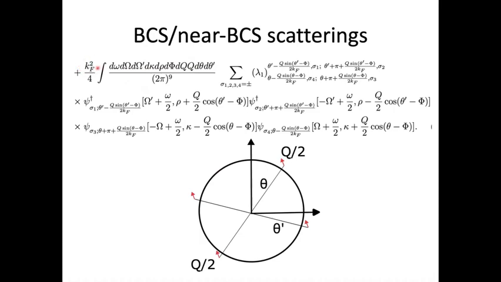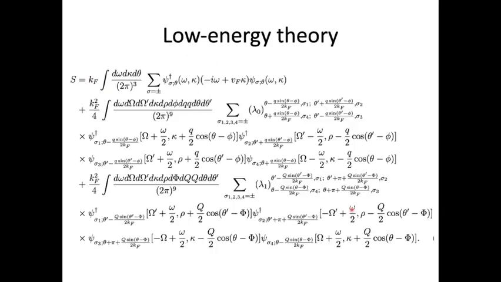But the angles theta and theta prime can be anywhere on the Fermi surface. That's why there are two factors of KF. So I just collected all the terms that are allowed at low energy, even though it looks complicated. Its most complicated part is the indices here.